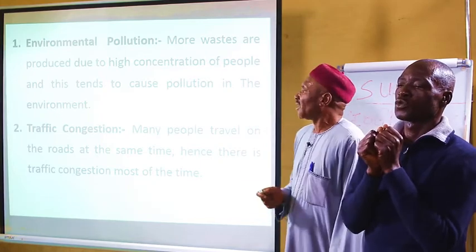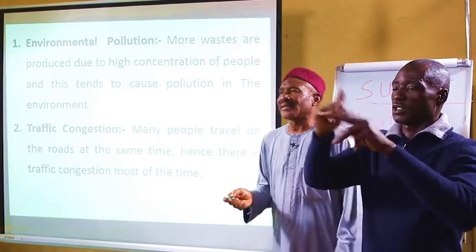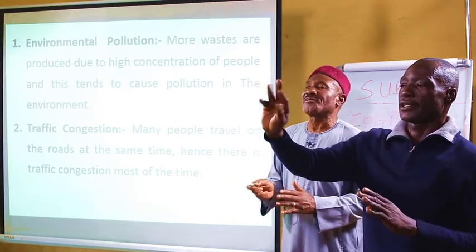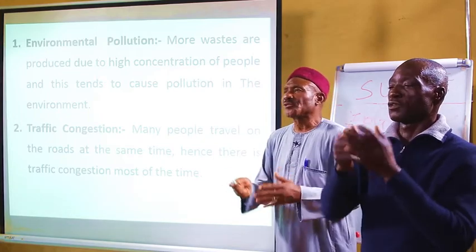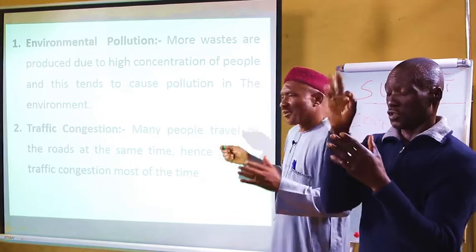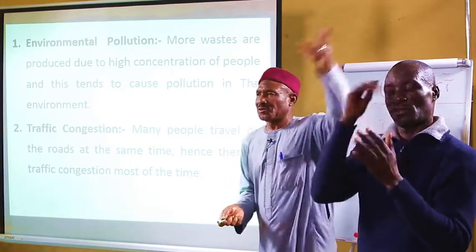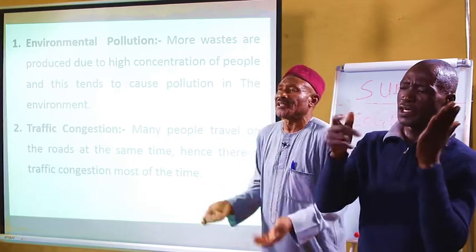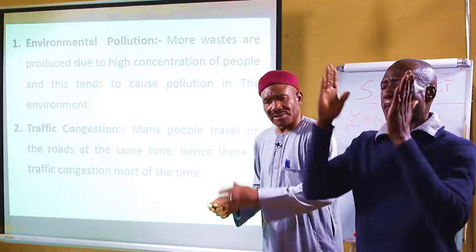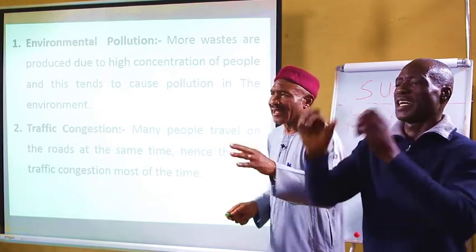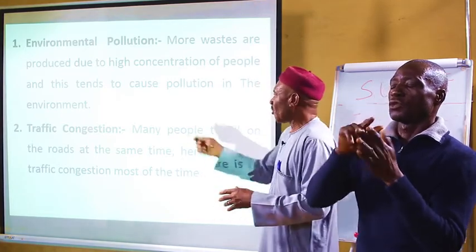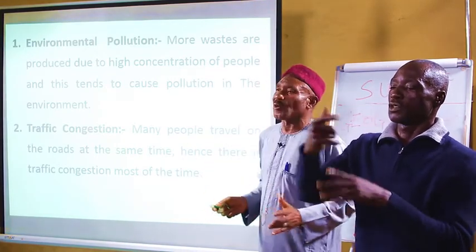For example, if you look at places like Kaduna South, when you are going towards Kaduna South in the evening, you will see the movement of cars here and there, and eventually there is traffic congestion on the way. Before one gets to where he's going, it takes a longer time.